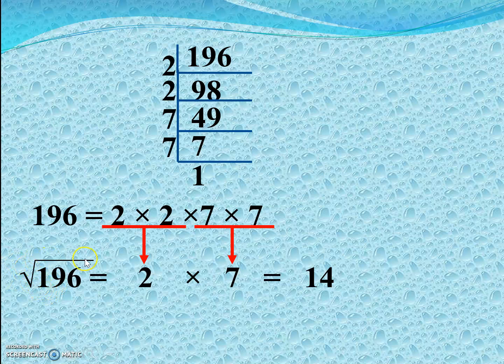So root under 196 is equal to 2 times 7, that gives us 14. So finally the square root of 196 is equal to 14, which means if you multiply 14 for 2 times, you must get 196.